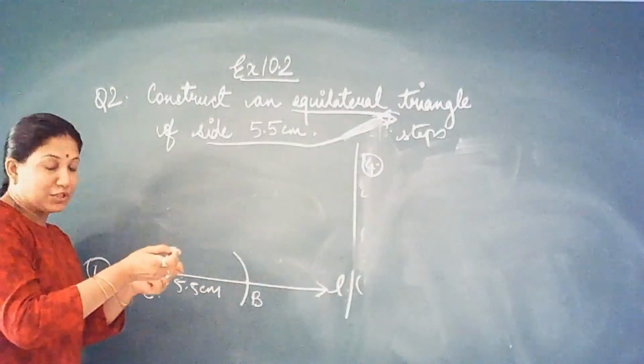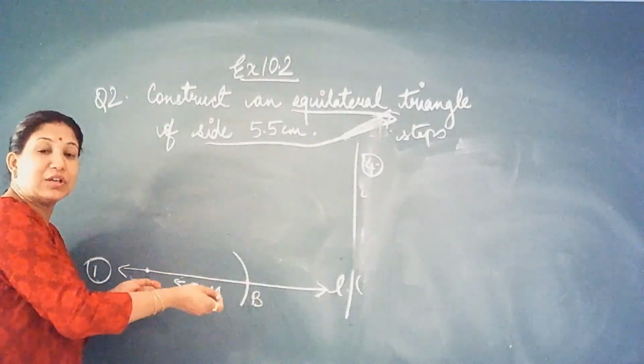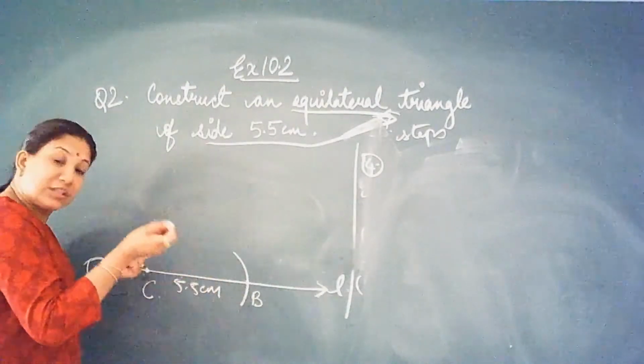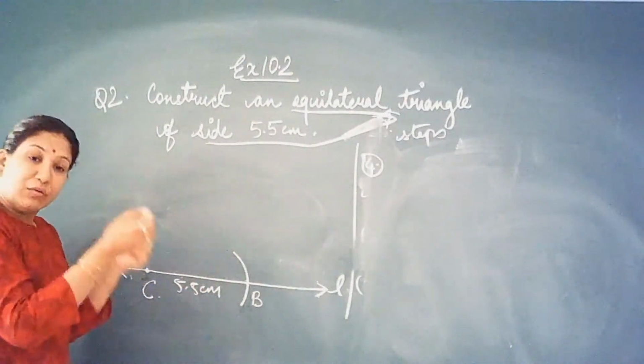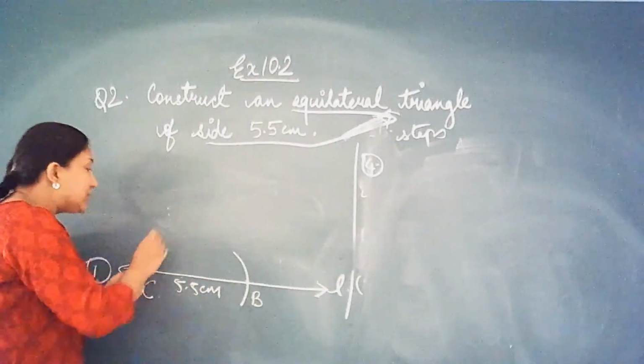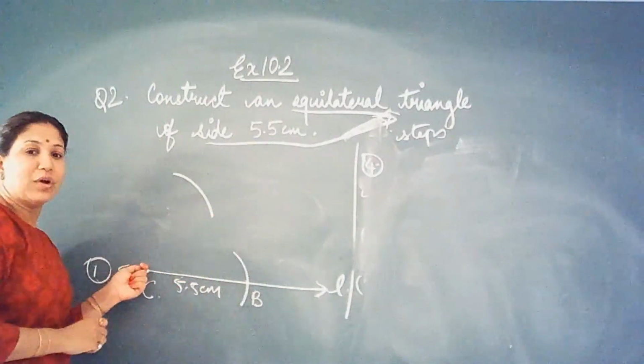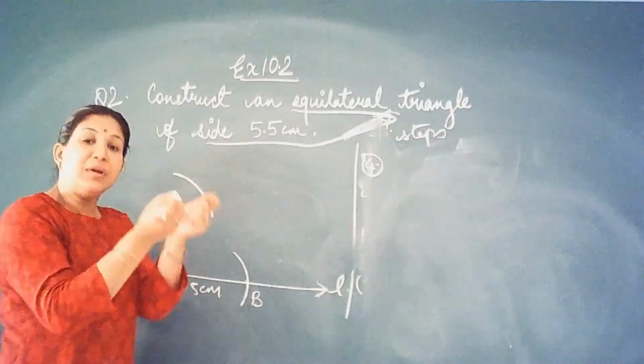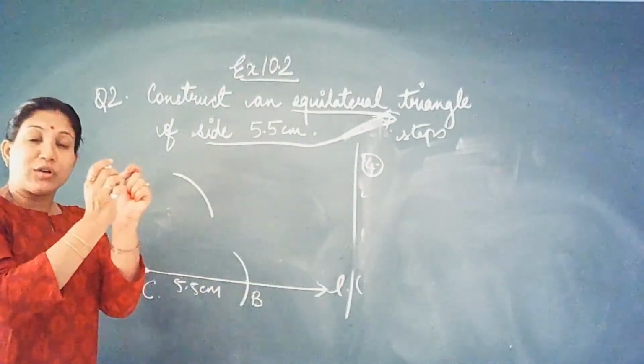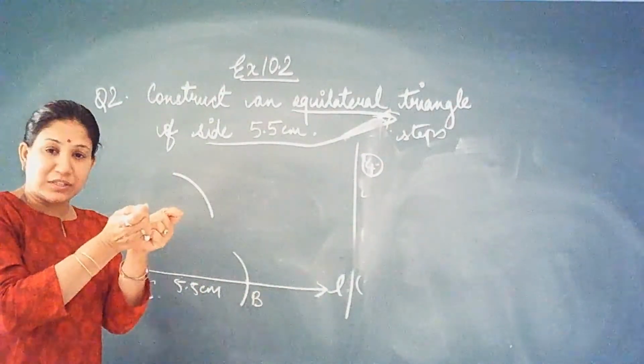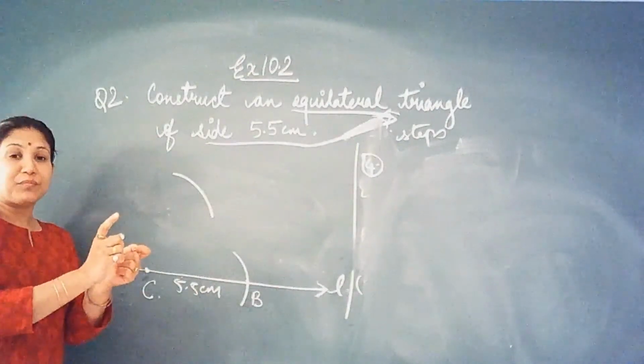Do not change the measurement. Why? Because this time we are drawing an equilateral triangle. The sides are the same. So without changing the measurement, taking C as center, draw an arc with the same measurement, children. On your compass you have measured 5.5 centimeters. Don't change that.